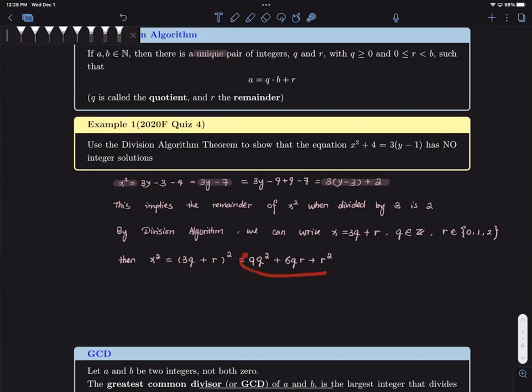Remember, you want to write it as 3 times something plus something, so you know the remainder, right? So again, we want to factor out 3. Why do we want to factor out 3?